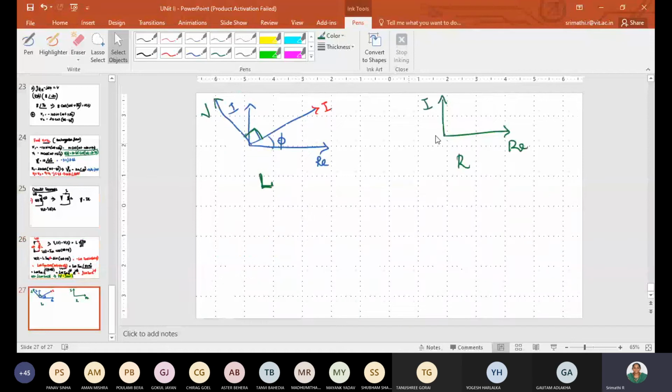So at a general angle phi, V and I are equal. This is your imaginary part. Then the third circuit element, what is it? Your capacitor.